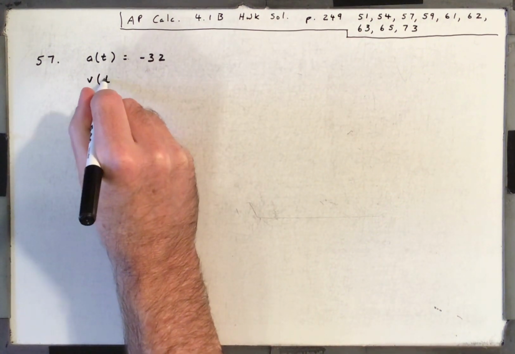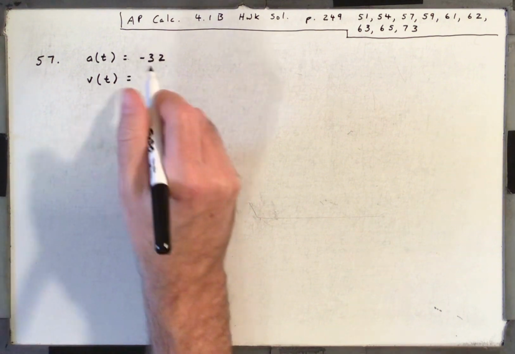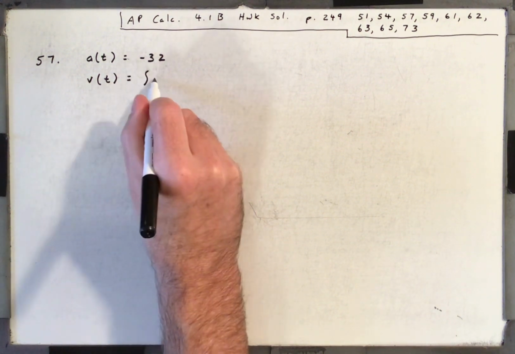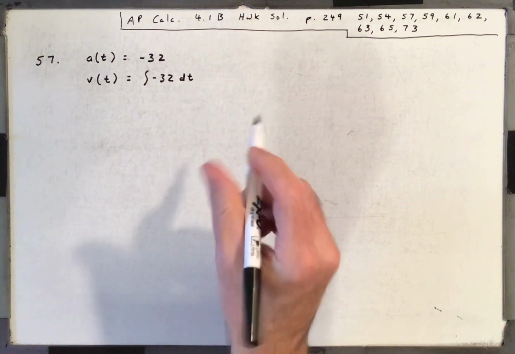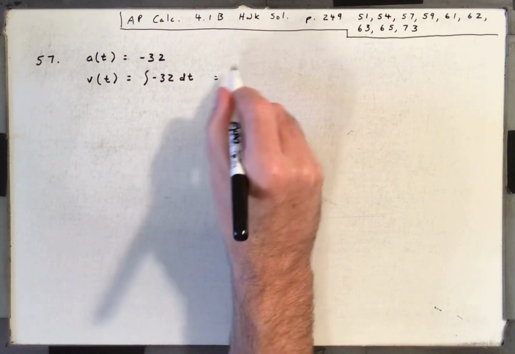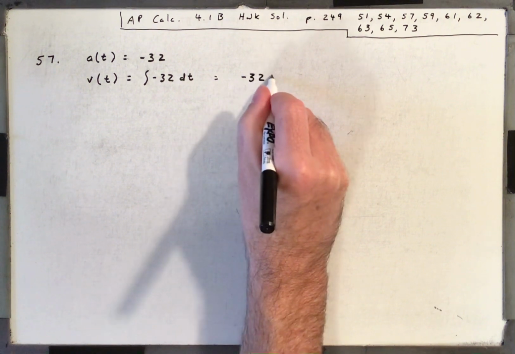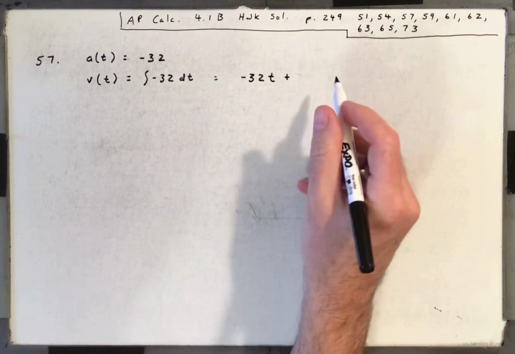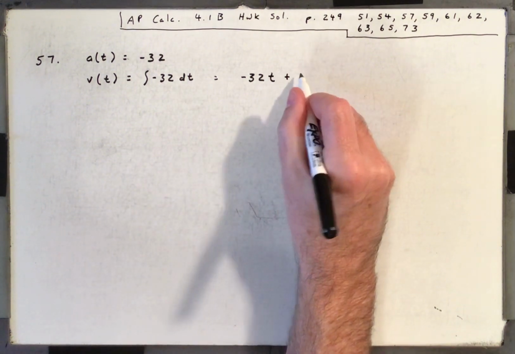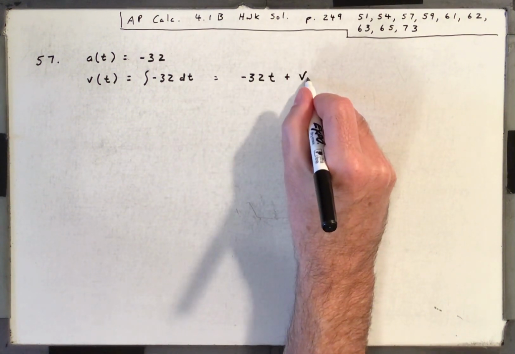And we're going to go up a level. We know that V of t, to get that, we're going to integrate minus 32 with respect to t. So that would be minus 32t plus c. But in these problems, our c would be the initial velocity.